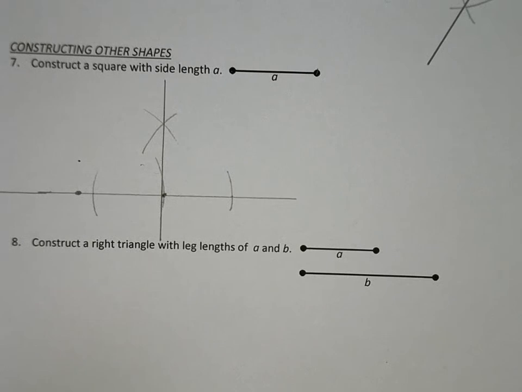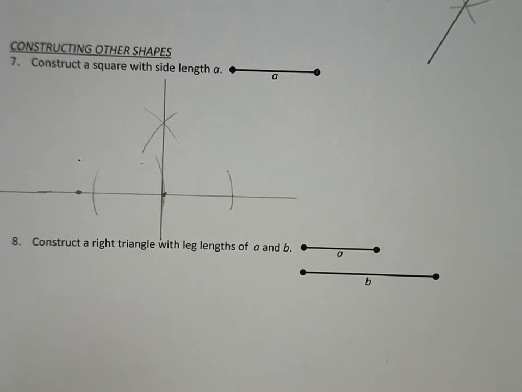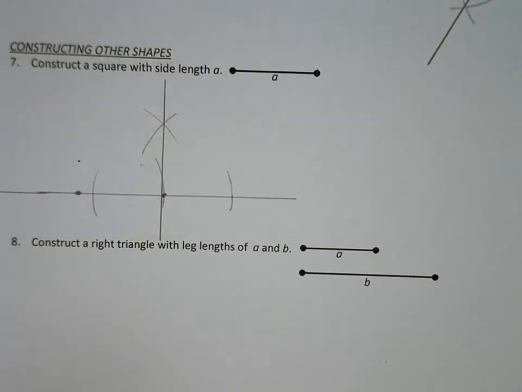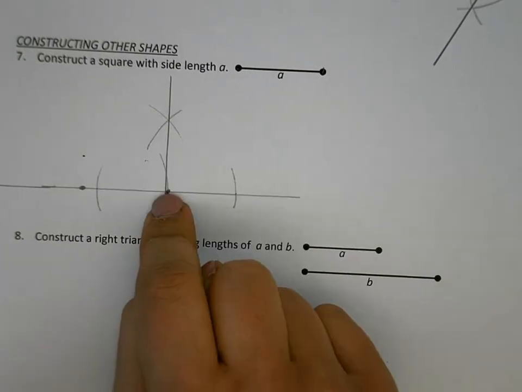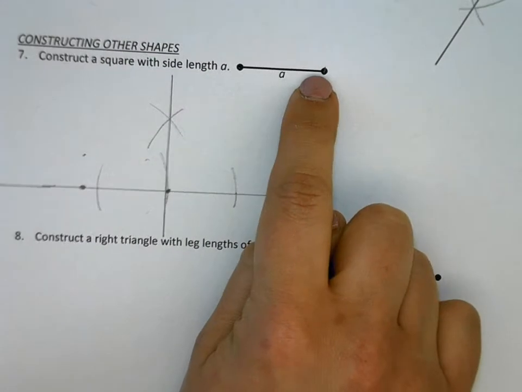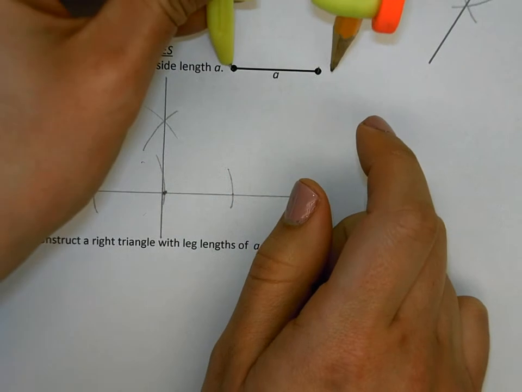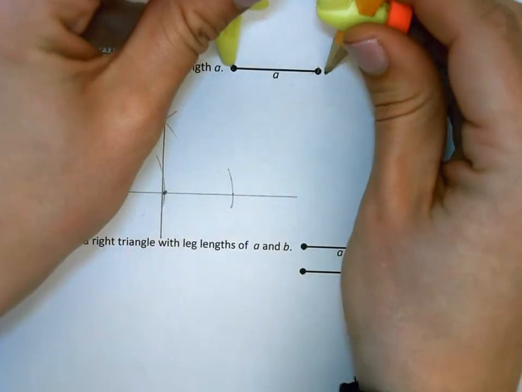So my next question, how do I know how long to make that segment? Well, we're going to make another perpendicular, but this line also has to have a segment that's the same length as A. So where's that going to go? We have to copy A again, right?